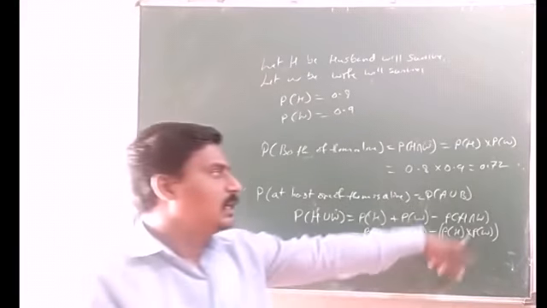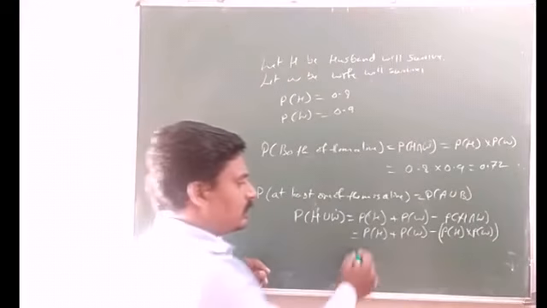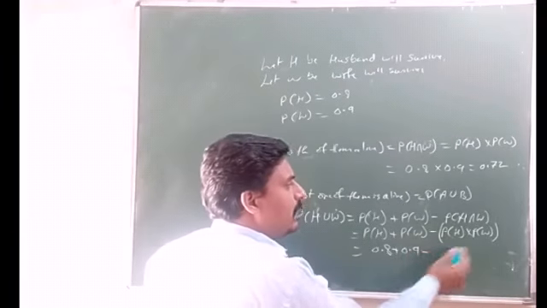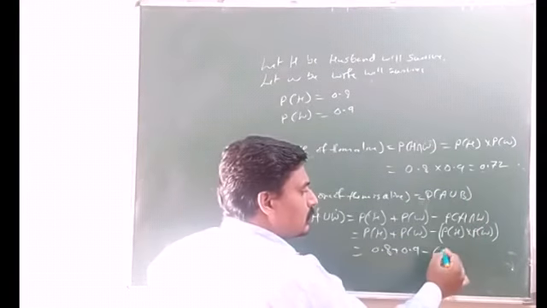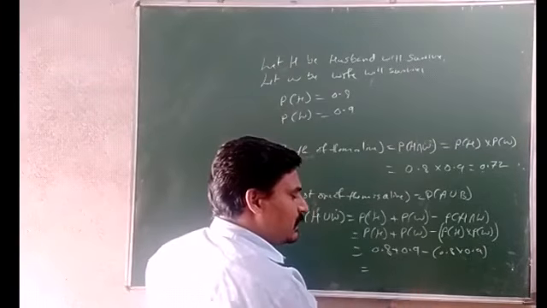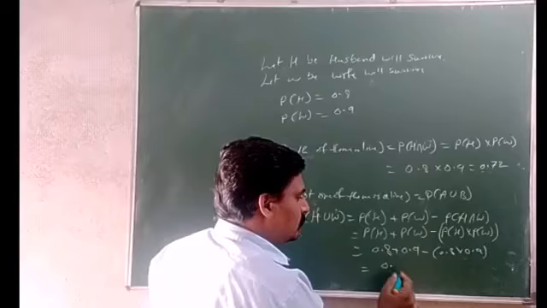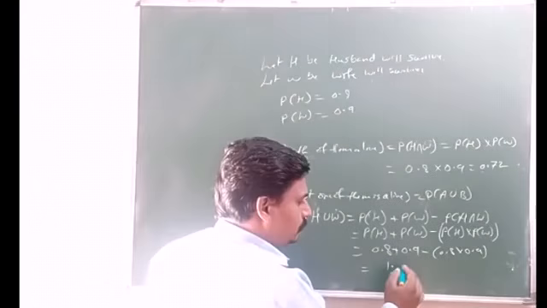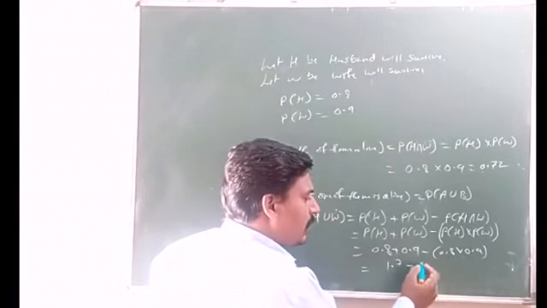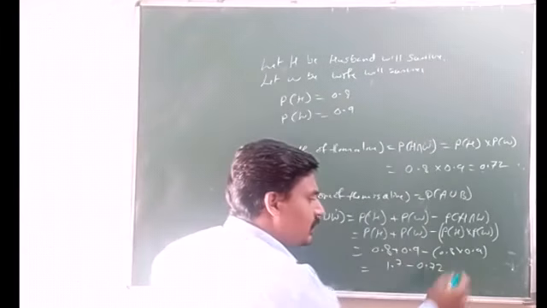So this we have already calculated here. So let us take 0.8 plus 0.9 minus 0.8 into 0.9. That is 0.8 plus 0.9 is 1.7, minus 0.8 into 0.9, which is 0.72.